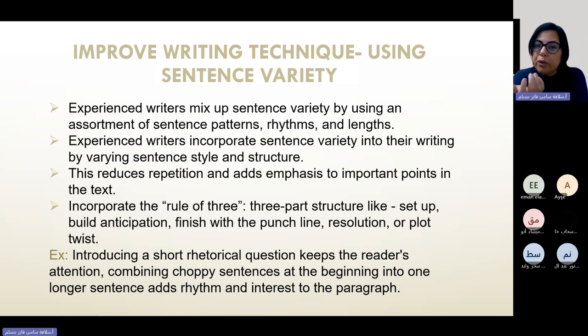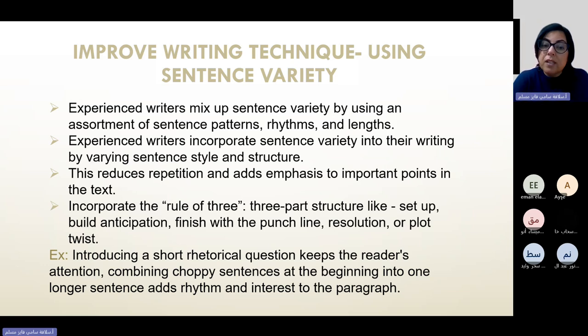So when you tell a story, for example, you can tell it in the past. You can also recall something from the past of the past. So you can use different grammatical styles in your writing.